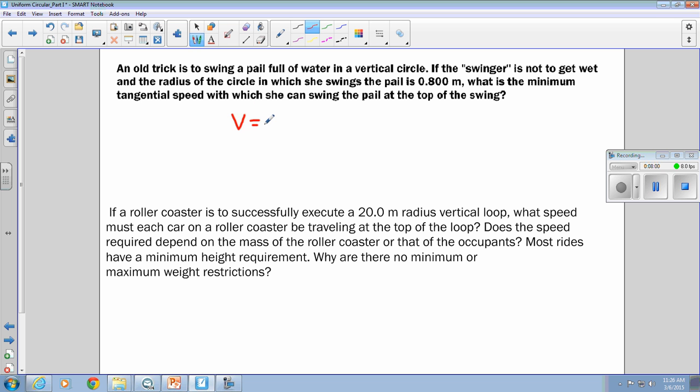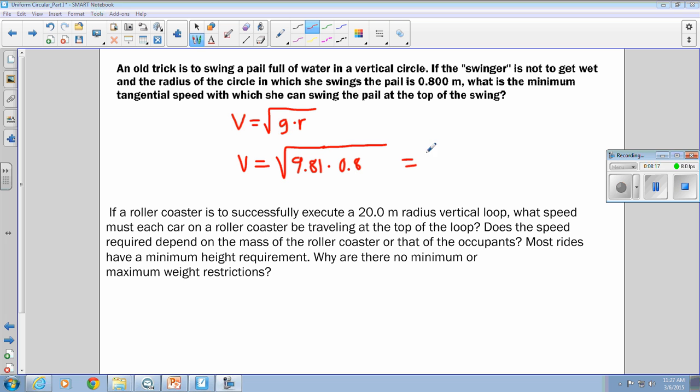Velocity is equal to the square root of g times r, gravity times the radius. If our radius is 0.8, gravity is 9.81, we take the square root. It equals 2.80 meters per second. That would be meters per second squared times a meter, which is a meter squared over a second squared. The square root gives us meters per second.